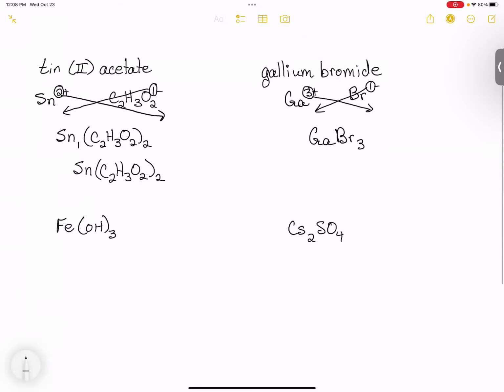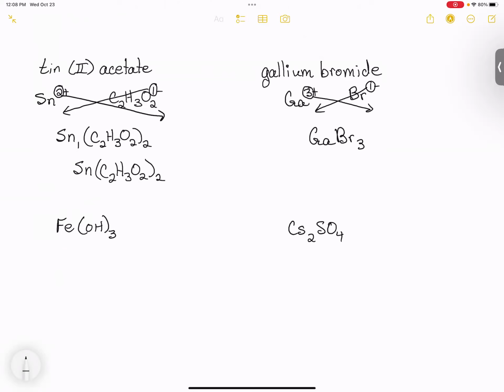Now, when I get to the formulas, and I have to come up with the name, the first thing I'm going to ask myself is what type of metal do I have? Is it a Roman numeral metal or not a Roman numeral metal, basically?